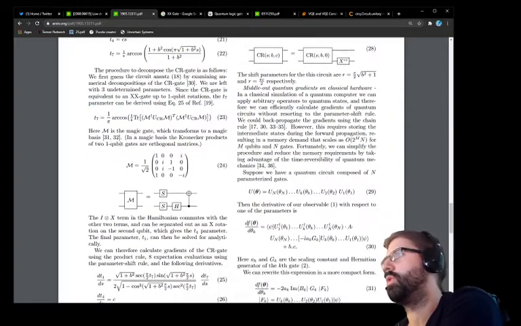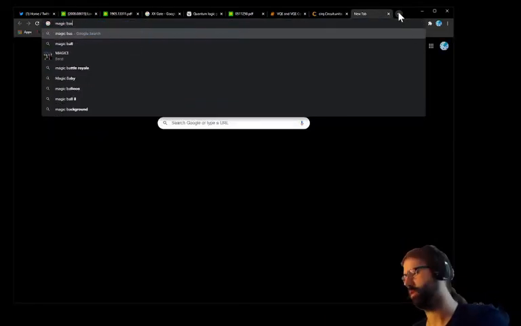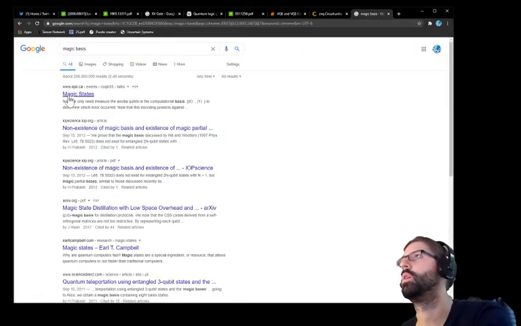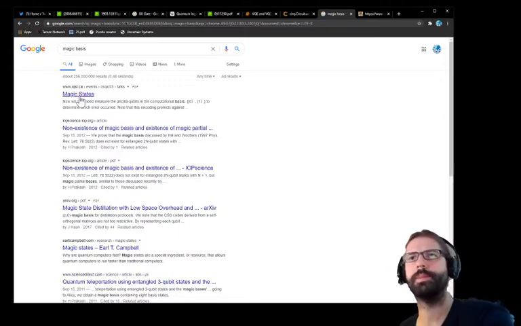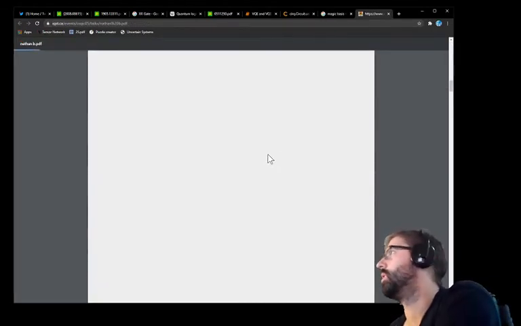Okay, so this is where it just goes to magic. I think M is the magic gate, which transforms to a magic basis. What is the magic? I think I've seen this before. Magic basis. Magic states.